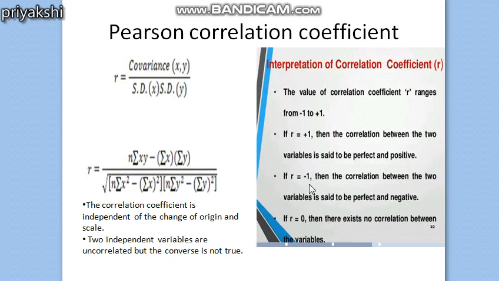When r is -1 between the two variables, it is a perfect negative correlation. When r is equal to 0, there is no correlation between the variables, which means there is no linear relationship between the variables, but a non-linear relationship may exist if the value of the Pearson correlation coefficient is 0 between two variables.